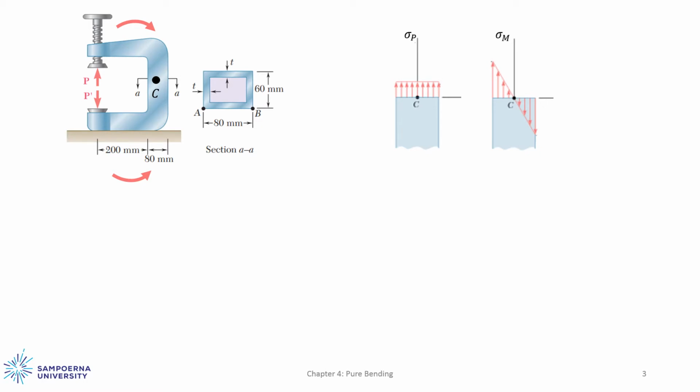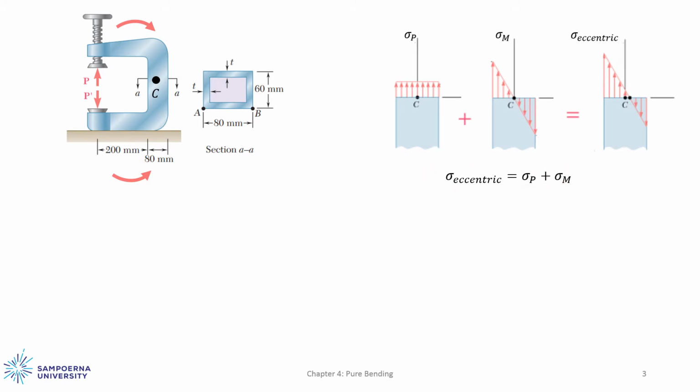The stress distribution due to the original eccentric loading, or total stress, can be obtained by superposing the uniform stress distribution from axial loading and the linear stress distribution from bending. In short, we calculate the normal stress and bending stress, then we sum them to calculate the total stress.